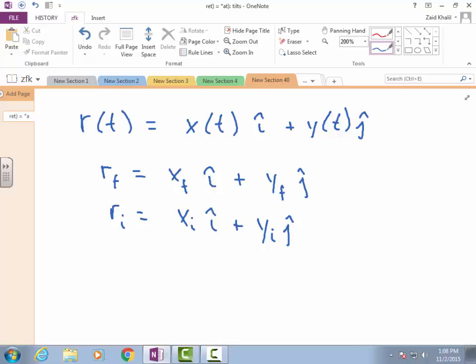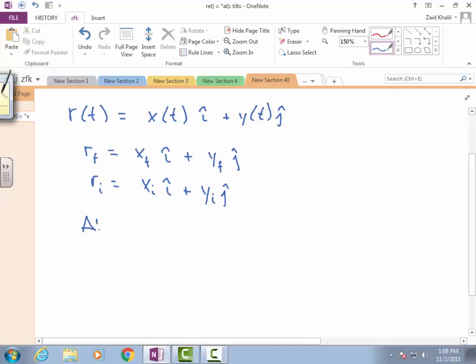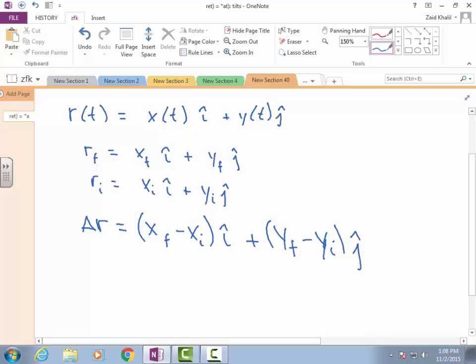And so there you have it. Therefore, delta R is equal to (xf minus xi) i hat plus (yf minus yi) j hat. And right now, you're getting a feel for what this whole unit's about. Namely, what happens in Vegas stays in Vegas.